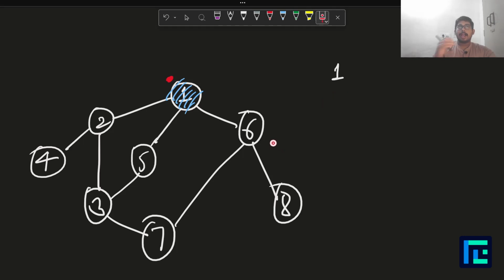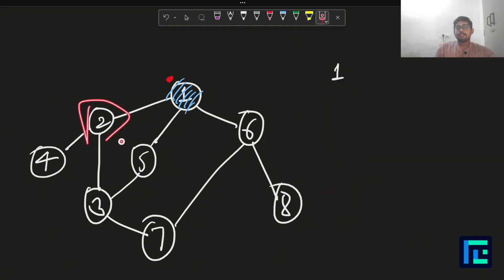As I told you, you have to find the lexicographically smallest sequence. In order to minimize lexicographically, you always have to think greedily. If you have a choice between 2, 5, and 6, and you choose 5 and not the smallest one, then whatever comes after that doesn't matter.